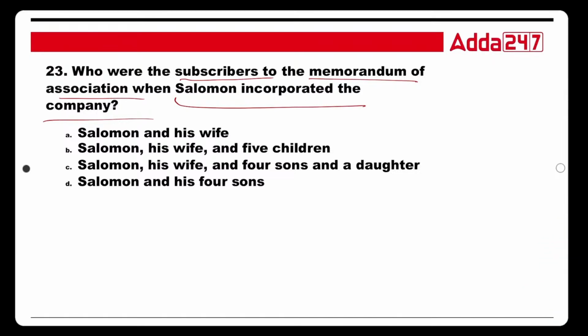Solomon, his wife and 5 children. Solomon, his wife and 4 sons and the daughter. Solomon, his 4 sons. What is the right answer? If you know the fact, you can easily do the question, class.